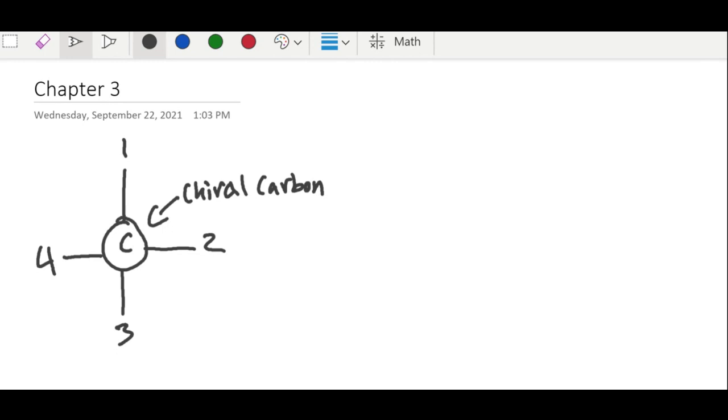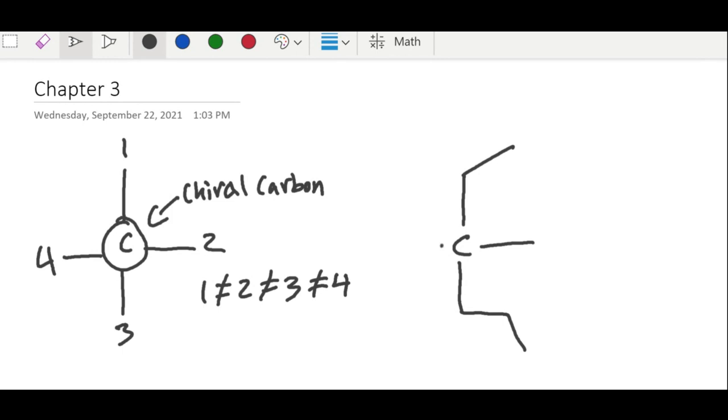And each of these, 1, 2, 3, and 4, are not equal. They're all 4 different unique groups. And notice I said groups instead of atoms because you could have something like this, where even though this carbon is bonded to other carbons, it's still different because these are different groups.